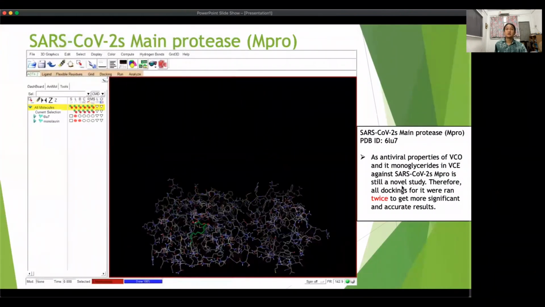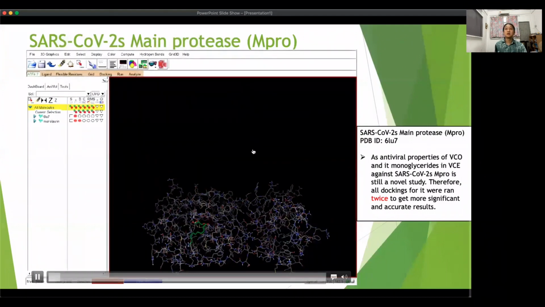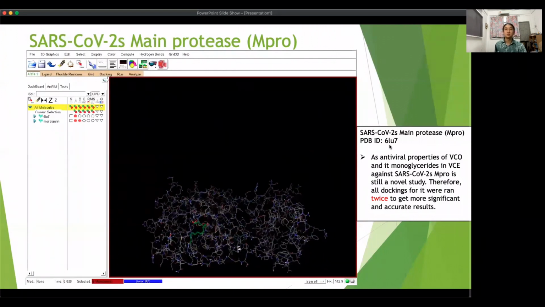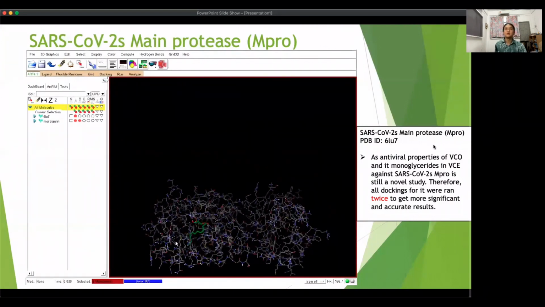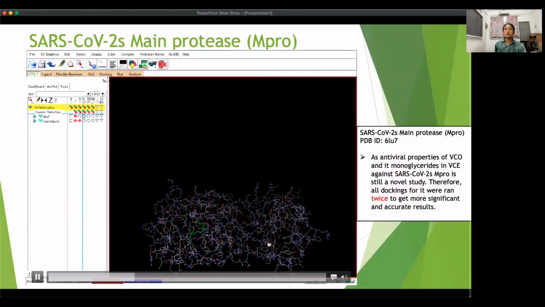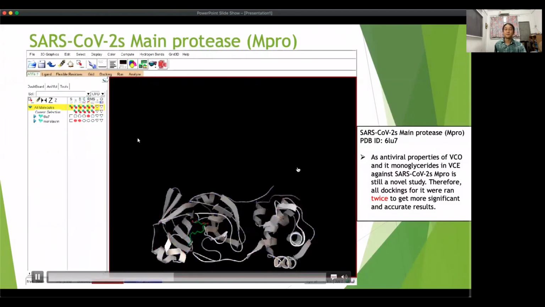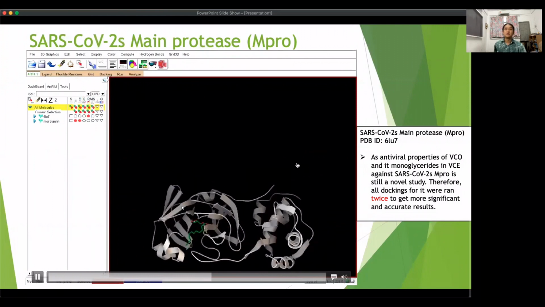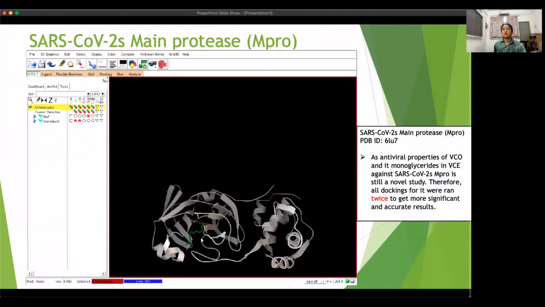And then next, the antiviral test is using the SARS-CoV-2 main protease, which is obtained from the Protein Data Bank also. The code is 6LU7. So the green one is monolaurin, which is an example of the VCE component docked.